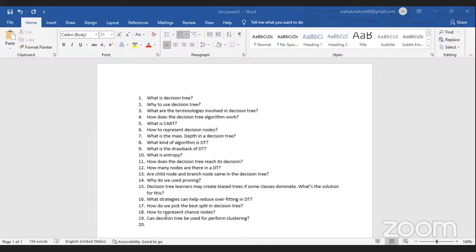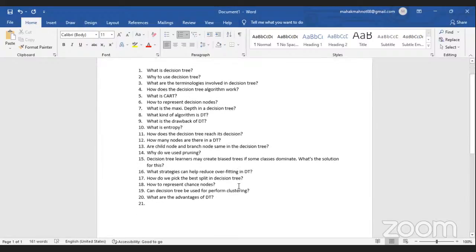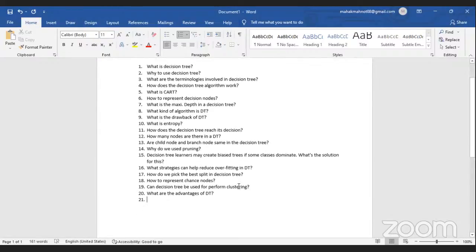Next question is, what are the advantages of decision tree? So, we can add possible scenarios accordingly. This is the first advantage we get while using it.